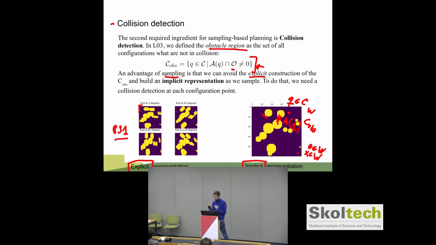Every time that we work with configuration space, it's much more convenient for us to treat all variables as points. There's no notion of what is an obstacle in the configuration space, unless we can calculate this explicitly. So what we have is a back and forth: you sample your point that represents some properties of your obstacle.